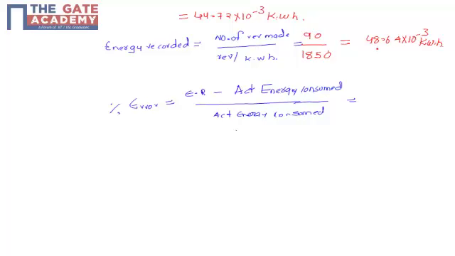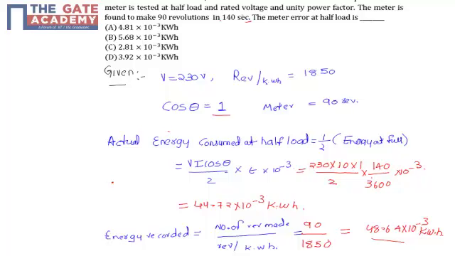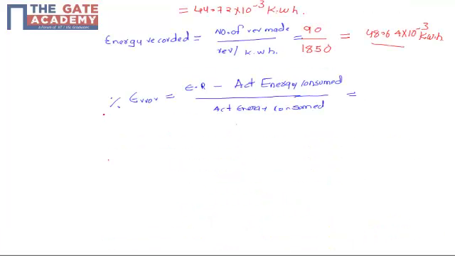We know the actual energy consumed at half load and the energy recorded, so we can calculate the percentage error. The percentage error formula is energy recorded minus actual energy consumed, divided by actual energy consumed.